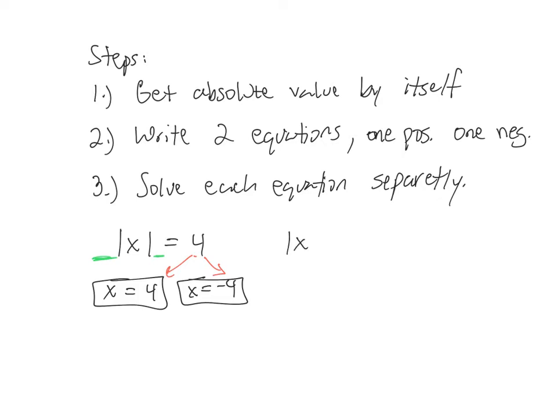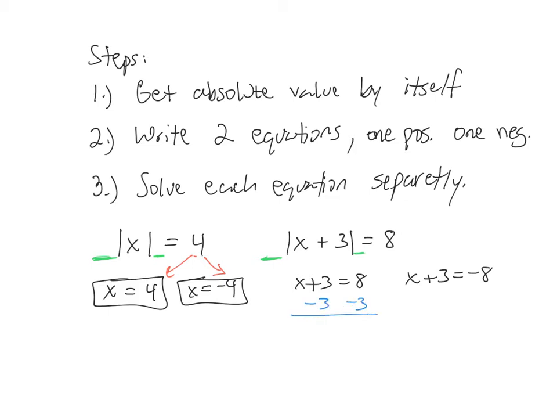So if we had the absolute value of x plus 3 equals 8. Again, there's nothing in the front right here. There's nothing after it. So the absolute value is by itself. Write two equations. x plus 3 equals 8. x plus 3 equals negative 8. Solve each one separately.